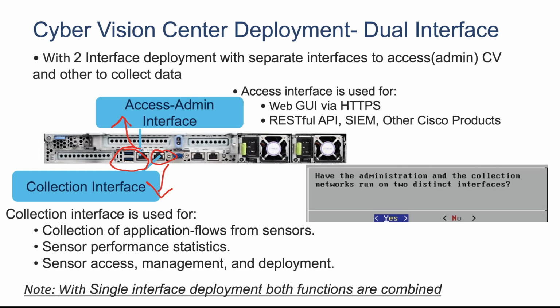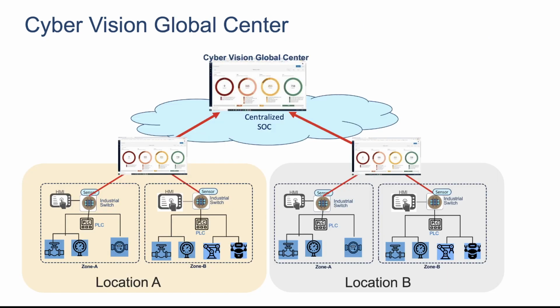It also helps to maintain security, as both zones are not physically merged. Both have restricted access. One interface will only be the admin interface, and the other will be used purely for collection from the sensors. If it is a small network with a single-interface deployment, both functions will be combined onto that single interface.